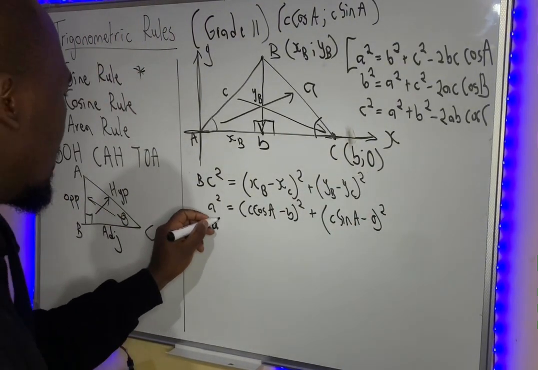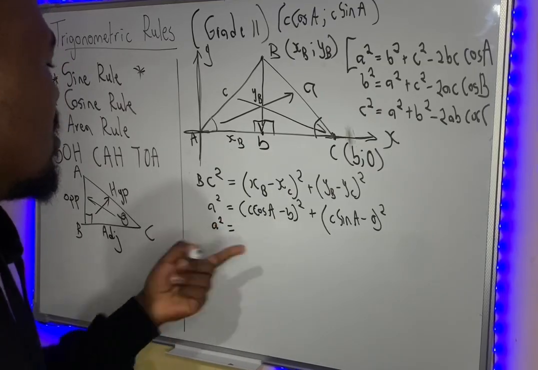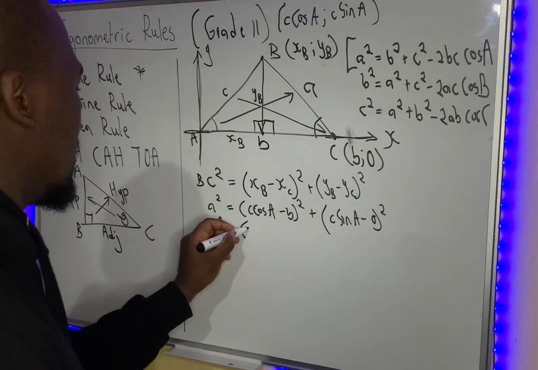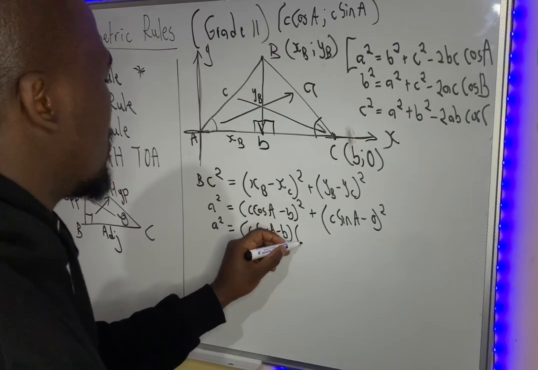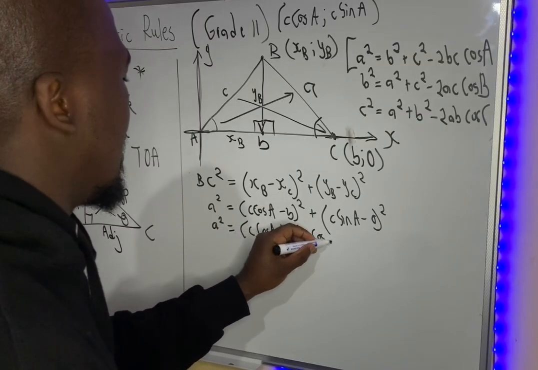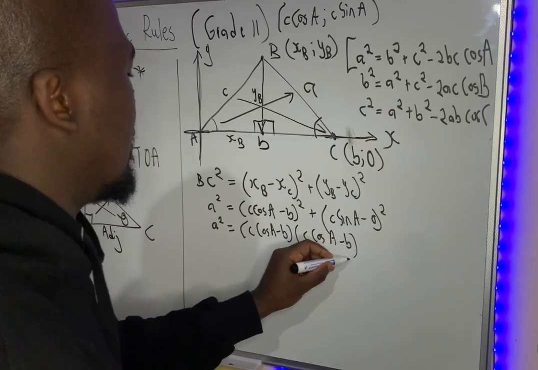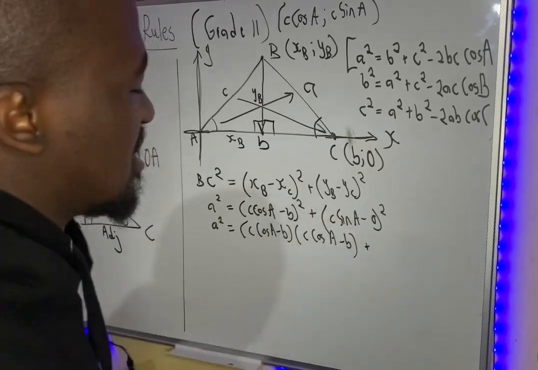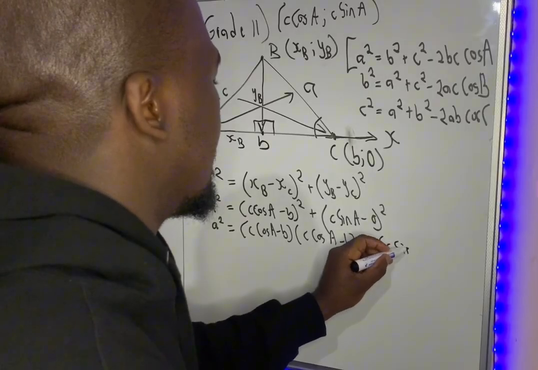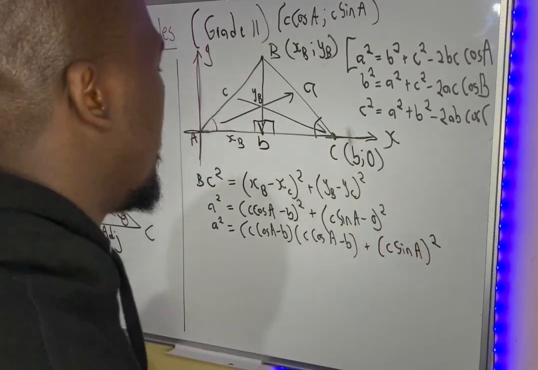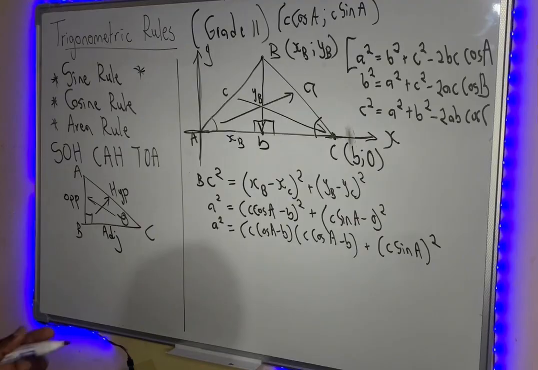Then we have A squared here, which is going to be equal to this. We repeat the bracket twice. So this is going to be C cos A minus B as well as C cos A minus B again. Plus this one here minus 0, it's just C sine A. Going to say C sine A here all squared. Then now, what are we supposed to do?